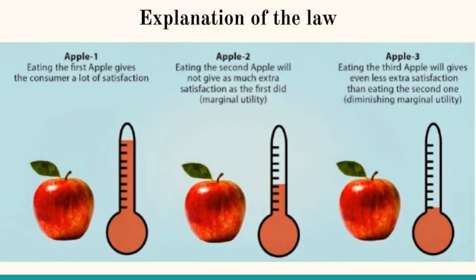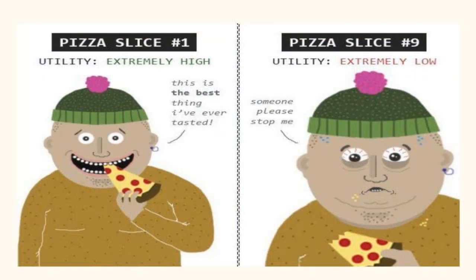So here we can see that the marginal utility, the red indicator, has also decreased. Further, eating the third apple will give even less extra satisfaction than eating the second one, and it thus proves the law of diminishing marginal utility, that as more and more units of the particular commodity are consumed by the consumer, marginal utility goes on decreasing.